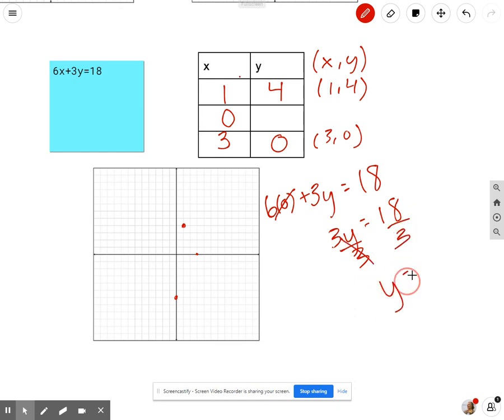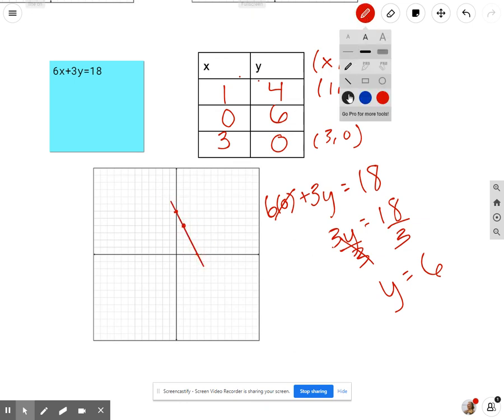I got y equals 6. So that's a positive 6. So that means on my graph here, my y-intercept is positive 6. All right, that looks like it's going to make a line now. So let's put the line in there. And then make sure you have your arrows, okay?